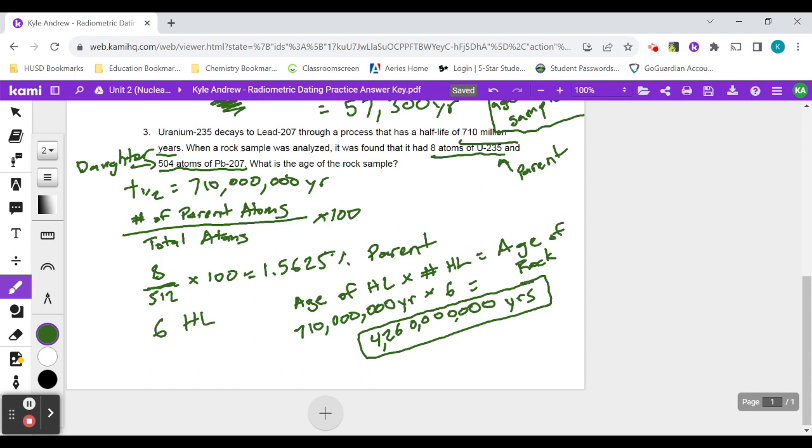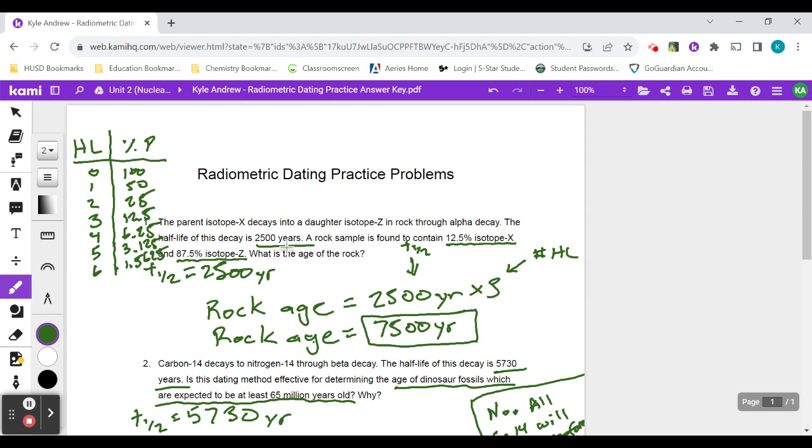Okay? So, it really depends on what you have given to you. In this first one, we're straight up given the percentages, so it's a little bit easier to calculate this out using the chart. I made this chart just by dividing by 2, dividing by 2, dividing by 2 over and over again.